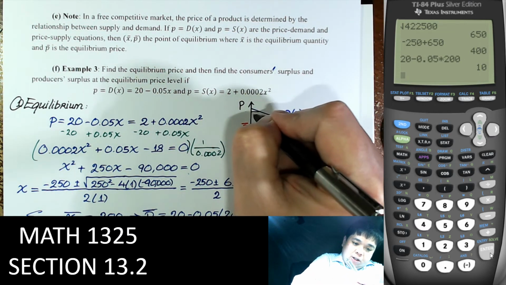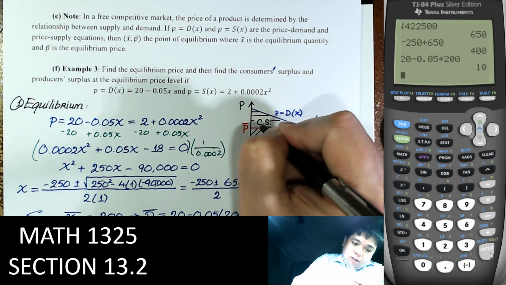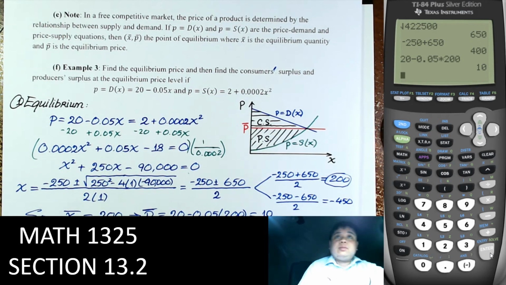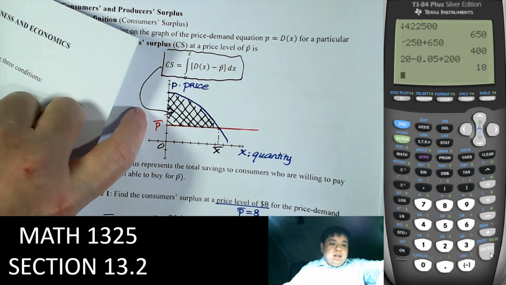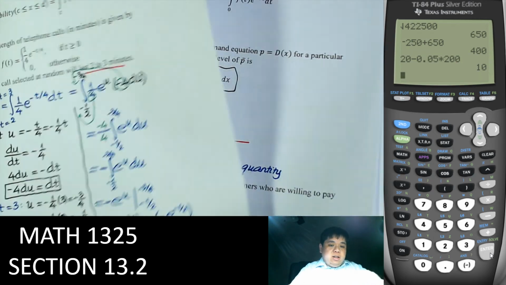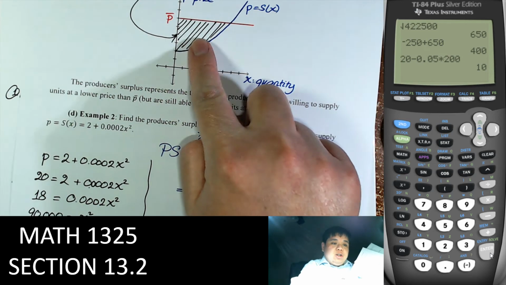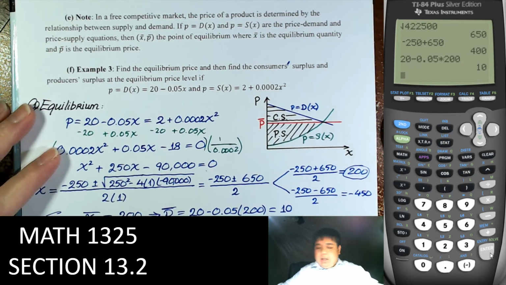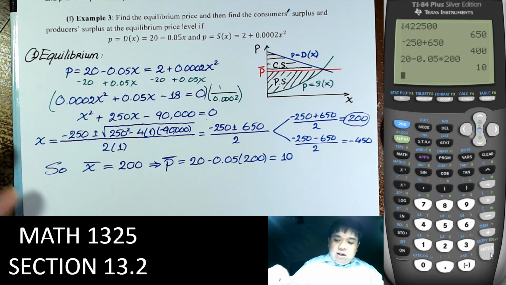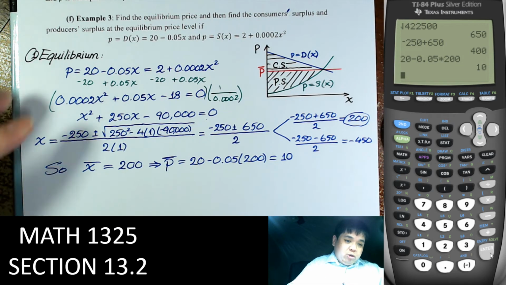Our consumer surplus is above the price, and the producer surplus is below the price. Next we just find the consumer surplus and the producer surplus.